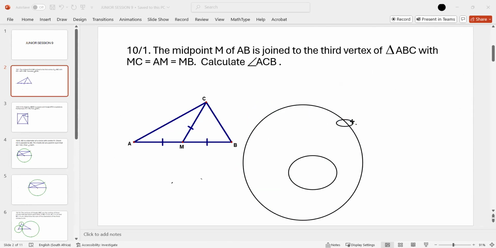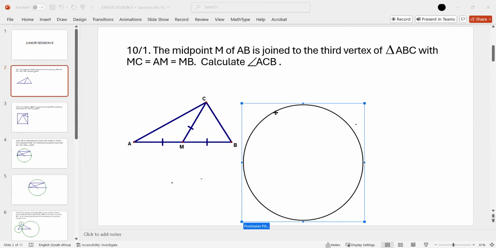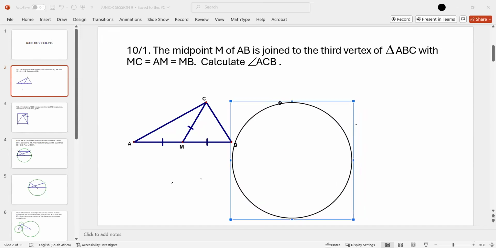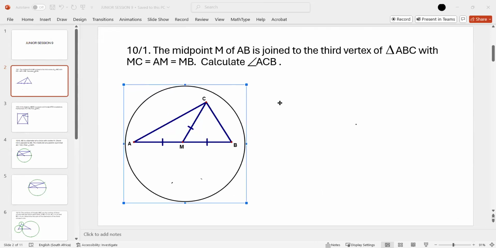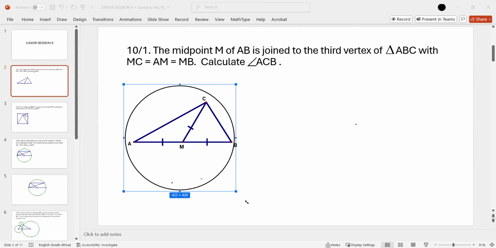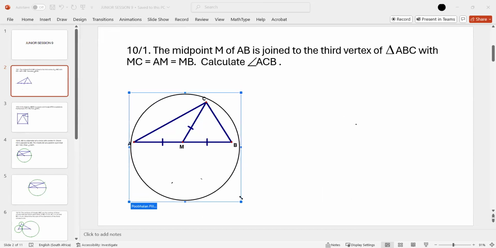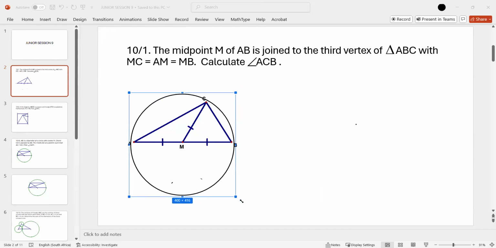I know how to do it. Well, hopefully this will fit inside. Oh, it's gone too big. I can make it a little bit smaller. Even smaller.